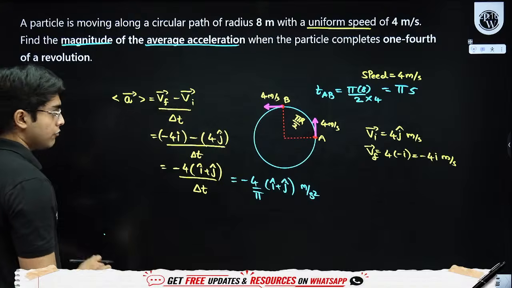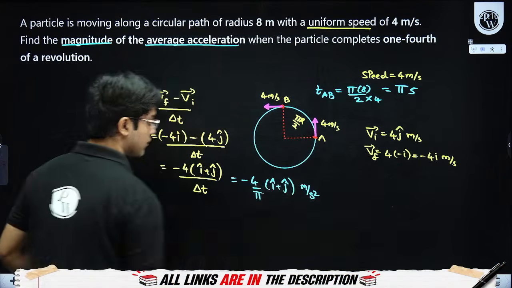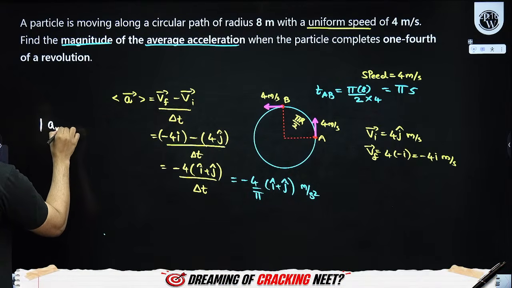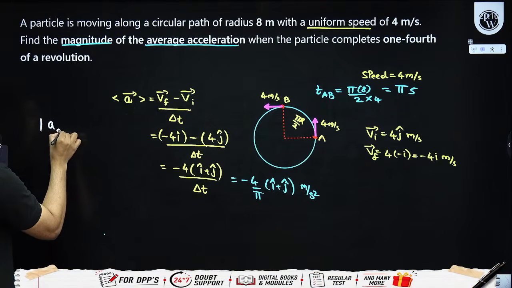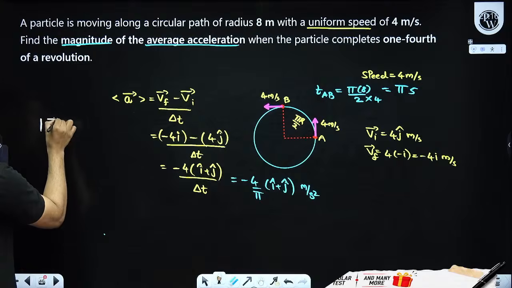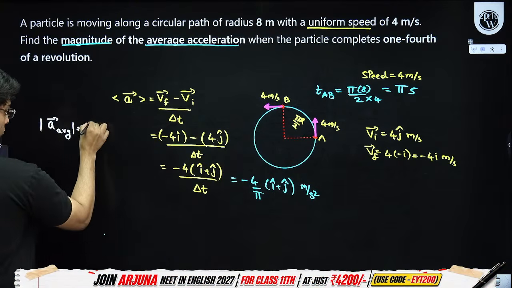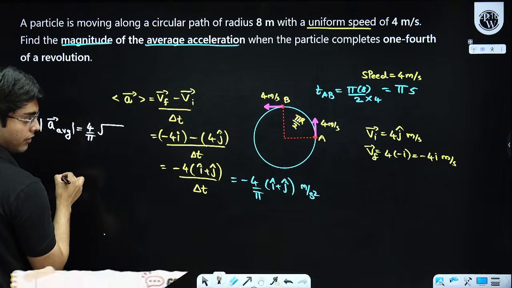If you need the magnitude, then use the vector magnitude formula. There is a constant of 4 by pi, so take it outside, and inside we have i cap plus j cap.